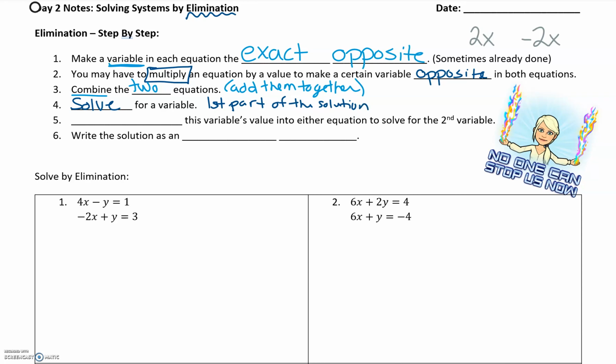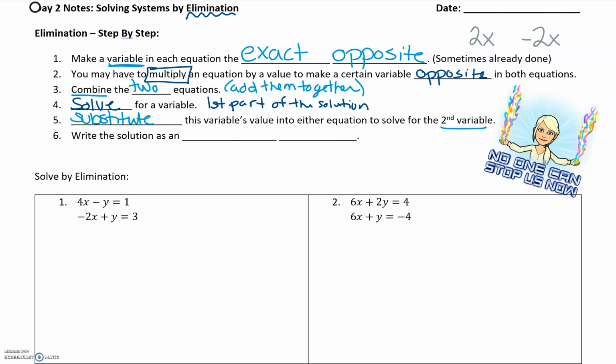Once we get that first part of the solution, just like when we did solving systems by substitution, we are going to take that solution and plug it back into one of the originals. So step 5 says we're going to substitute this variable, from number 4, into either of the original equations and solve for the second variable. That's the second part of our solution.